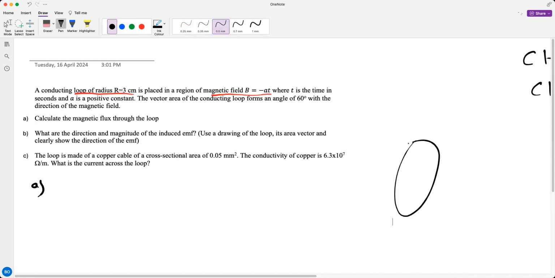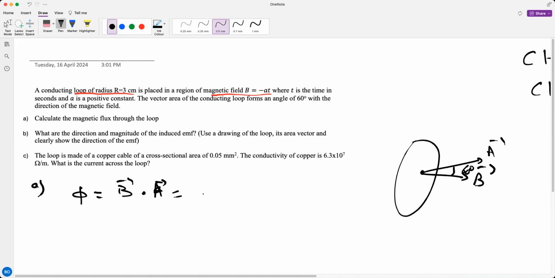Normally, if the loop is this, and the magnetic field is this way, and the vector area has a 60 degree angle, then the magnetic flux is equal to B times the area.